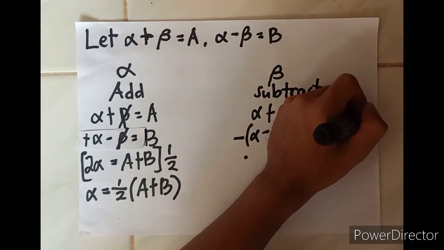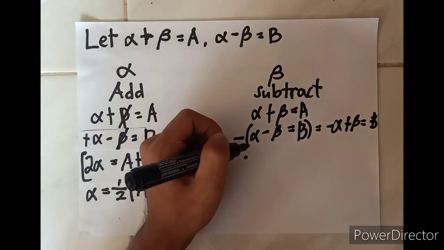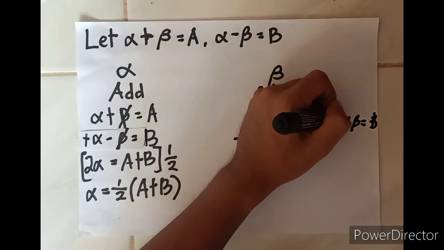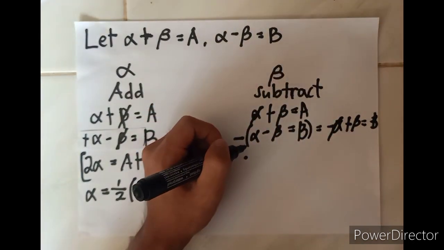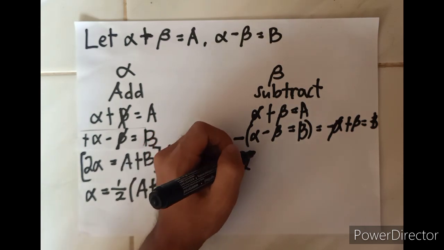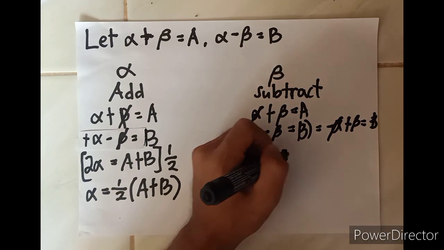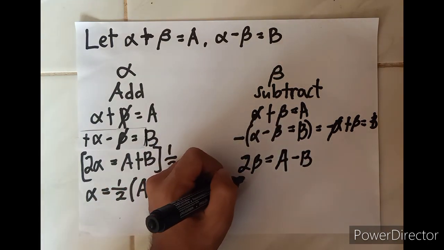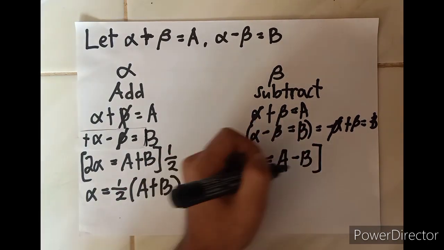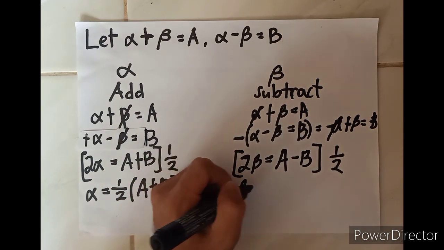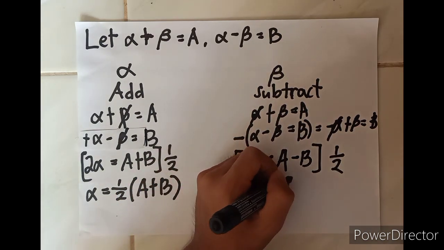Now alpha will be negative, beta will be positive, and B is negative. Now let's do the operation. Alpha minus alpha equals 0, beta plus beta equals 2 beta, and A minus B. Multiply both sides by 1/2, and now our beta is 1/2 times A minus B.